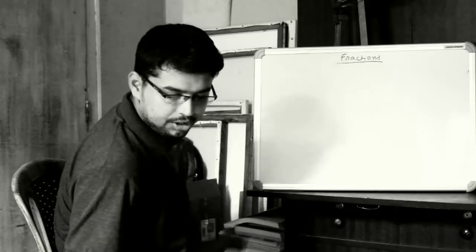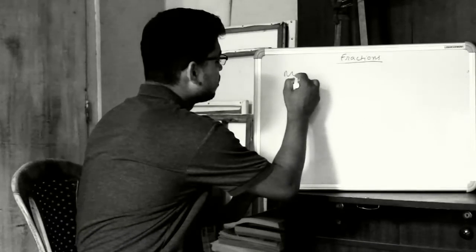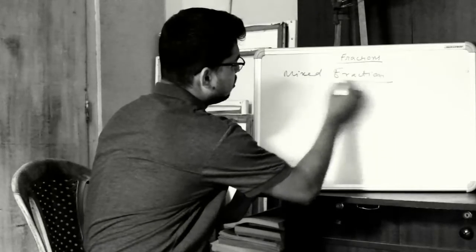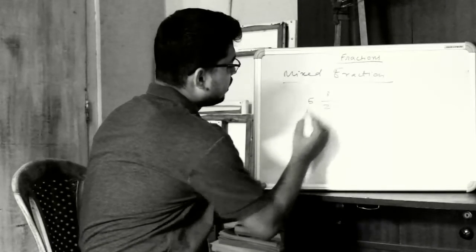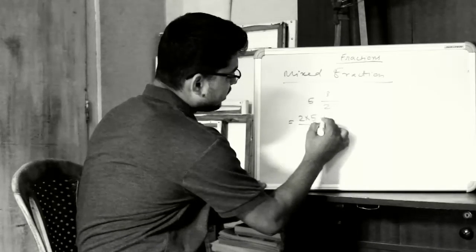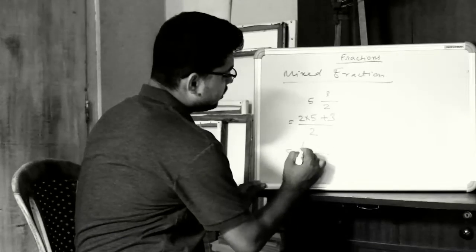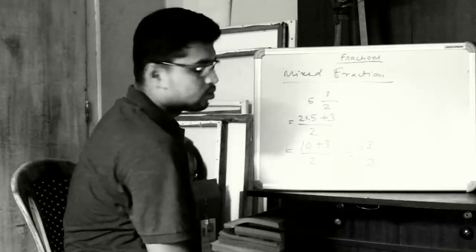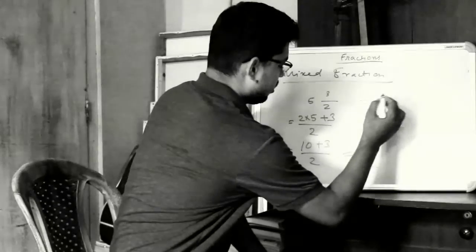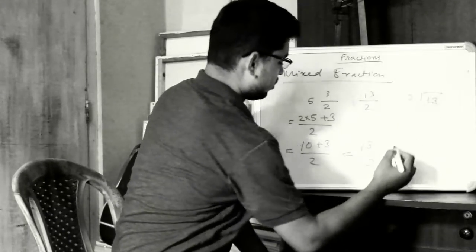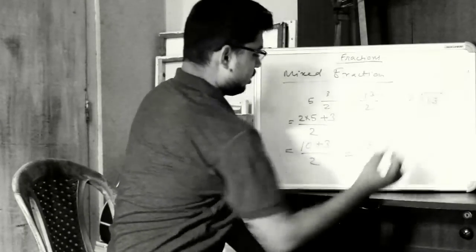Next, addition and subtraction of mixed fractions. So a mixed fraction is, for example, 5, 2, 3. It means 2 into 5 plus 3 equals 10 plus 3, 13 by 2.